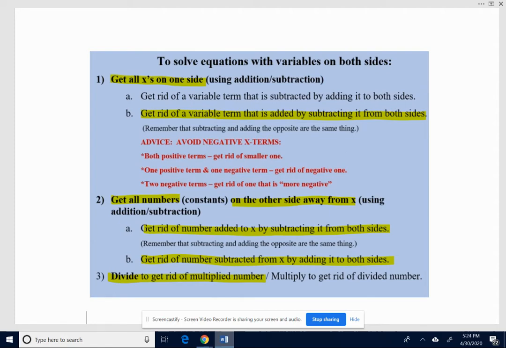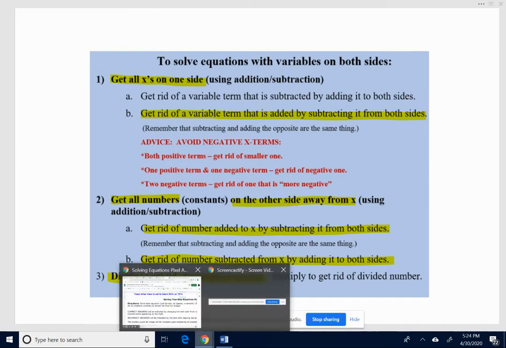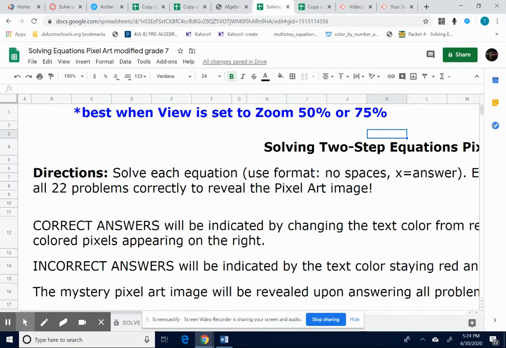This will be on the top of your Canvas screen if you want to go back to this. What I also wanted to do is show you what you're going to get when you download the puzzle, your Canvas assignment. When you first download it, it says best to view at 50% or 75%.